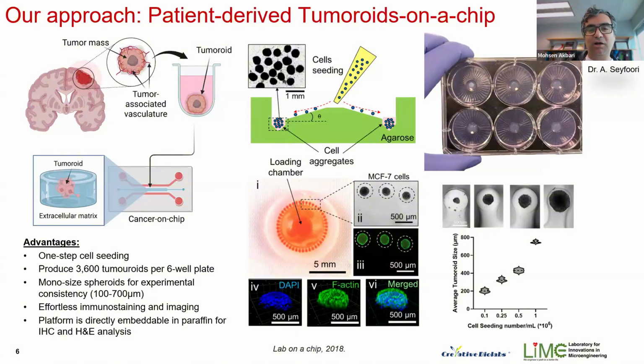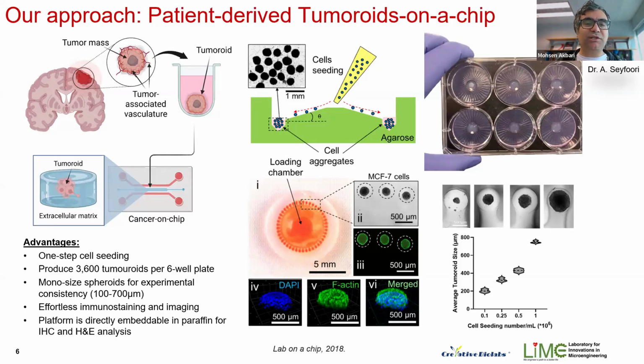Tumoroid-on-a-Plate is basically an insert, something like this, that we place into typical well plates. They fit different well plate sizes. This is a 6 well plate format, but we have 24, 48, and also 96 well plate formats available. And I'll show you a video of a 96 well plate format later on.